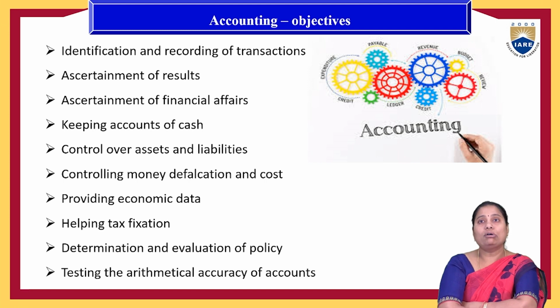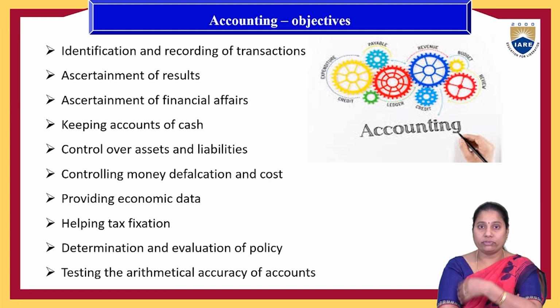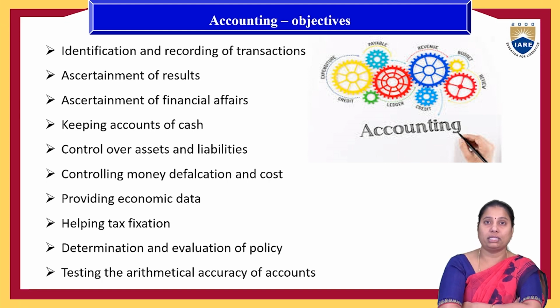Anyhow, this accountancy is maintained with the objective of identifying and recording financial transactions and ascertaining the results of the financial organizations, how many liabilities there are and how many assets there are. It is there for ascertainment of financial affairs, keeping accounts of cash, control over the assets and liabilities, and helping with tax filings.